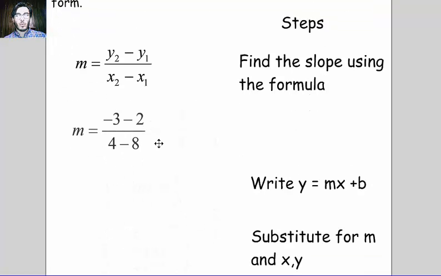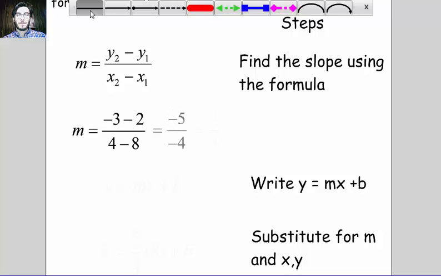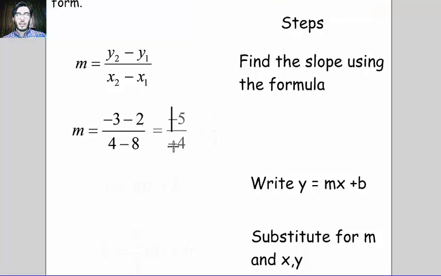And from that, we get negative 5 over negative 4. So what happens here is these negatives cancel out, and you're left with 5 over 4. So you just found the slope. The slope is 5 over 4.